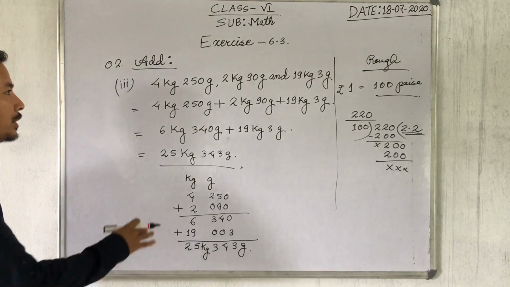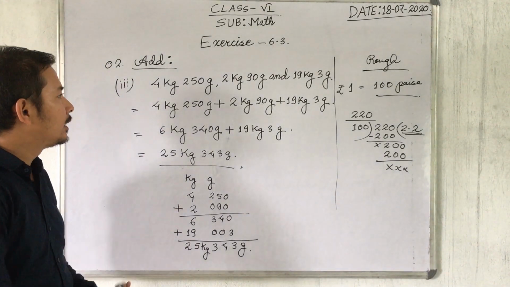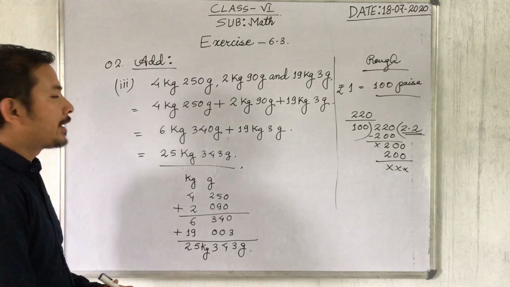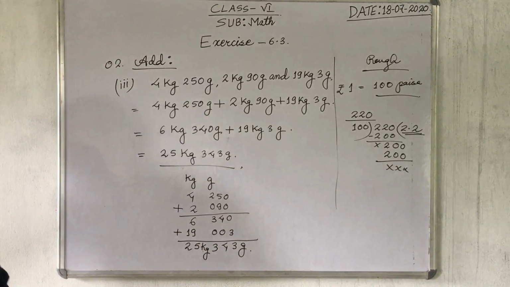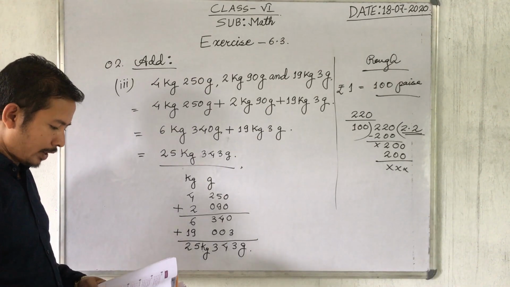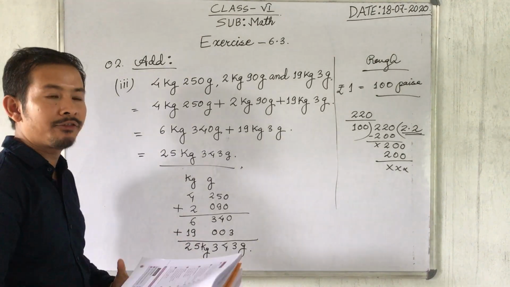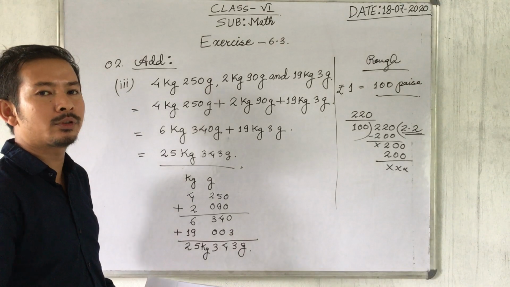This is the way to do these types of additions. Understood? Very easy. Try to understand. Okay, now look at question number 3. Question number 3 is find the difference. Difference means we have to subtract.